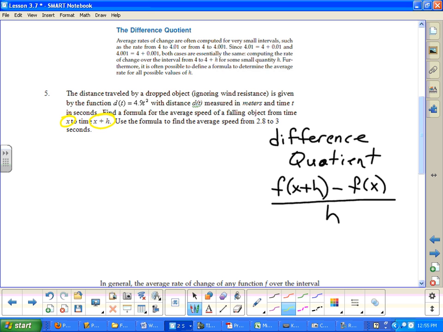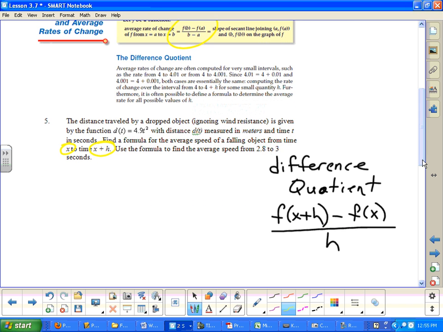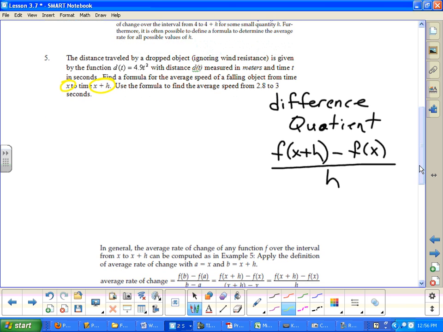And then when I divide by x plus h minus x, we just get h. So this average rate of change here, all that is the difference quotient. It's the same thing. Okay, so let's see how we can use it.